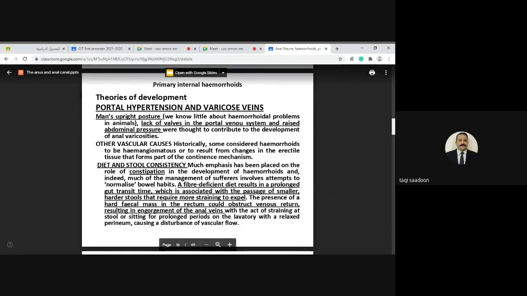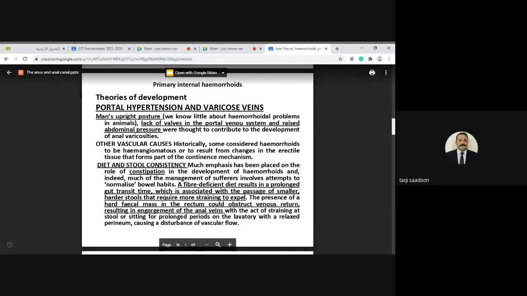But the most important is the diet, also the constipation. So the most important cause of perianal diseases is constipation and straining at defecation. This is the main problem. Constipation and straining at defecation.